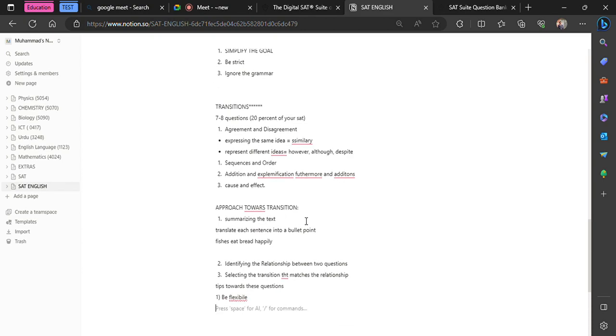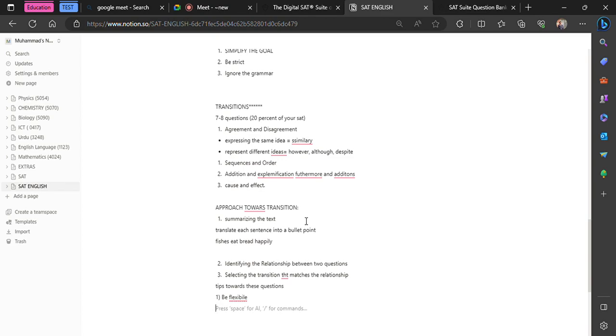Unlike the cross-check rhetorical synthesis questions, what I mean by being flexible in this question is that there are a variety of transition words and phrases, and the exact transition you expect to see might not be offered by the choices. In that case, you just have to look out for a transition with a similar function. For instance, however can also be represented by some other transition that you most probably don't know.